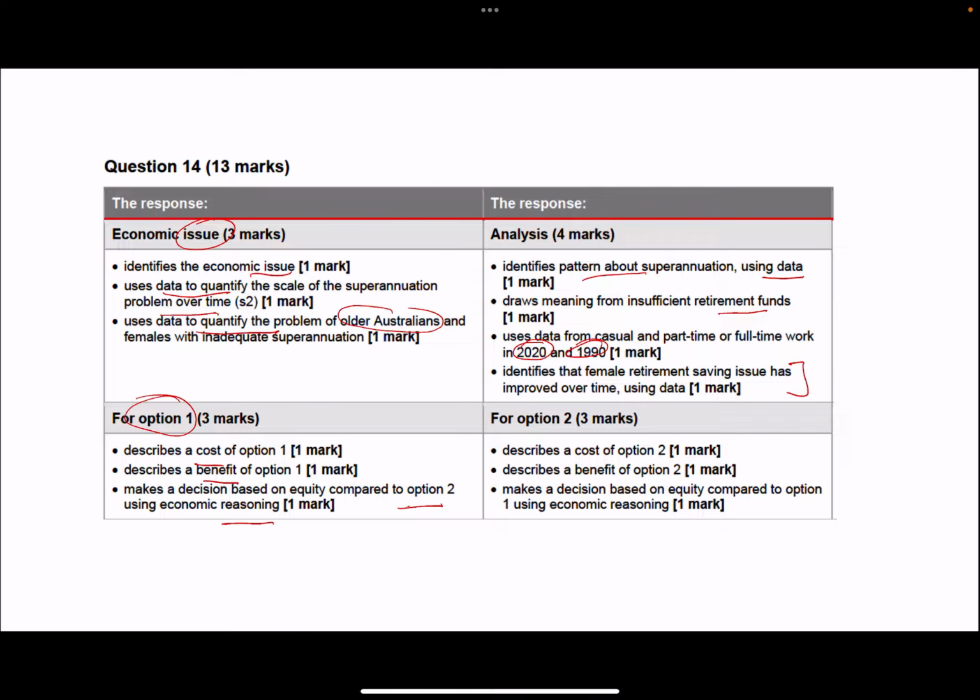And option 2 describes a cost and a benefit and makes some decision comparing it to the other one. Both of those policies do have pros and cons. The question is, have you considered both those pros and cons, and have you argued for and against them based on the other option?